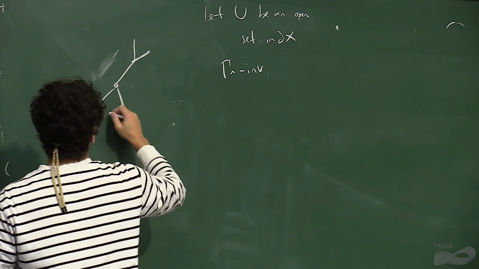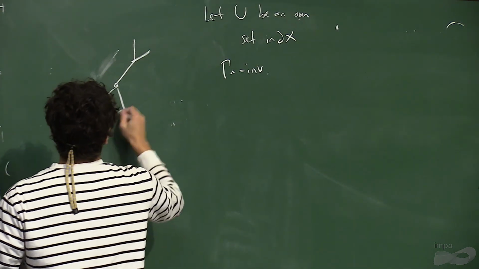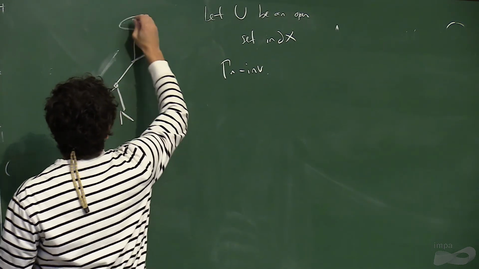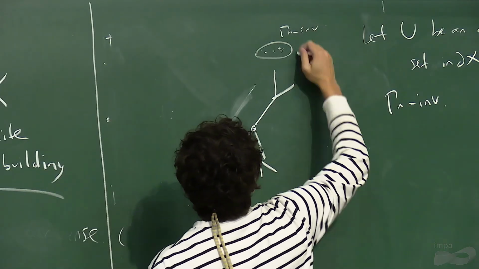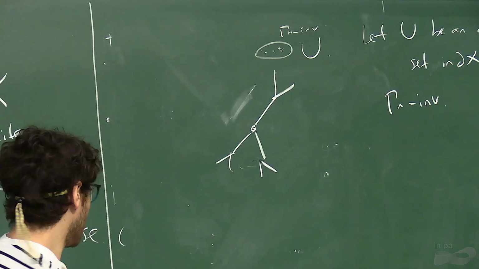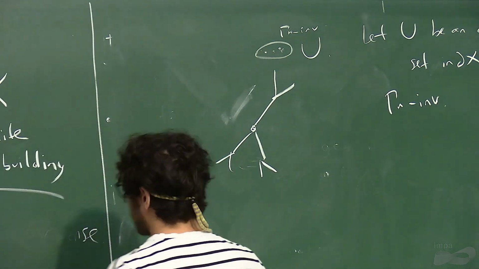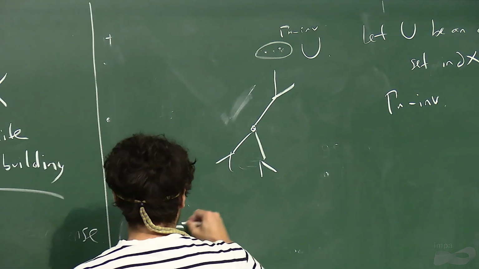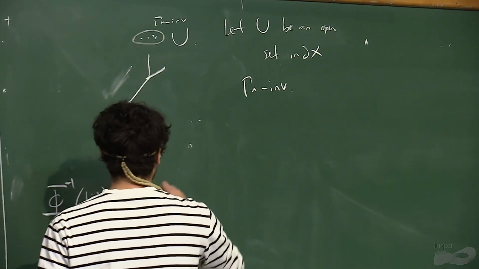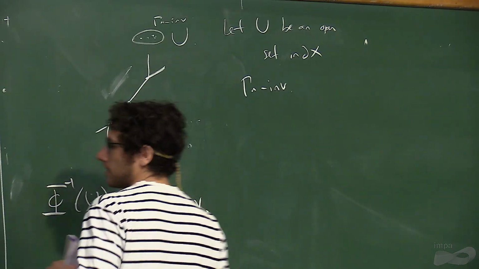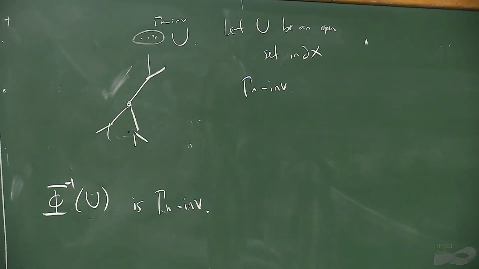I take here in the boundary this gamma n invariant set U, and I look at the preimage of this under my map. This one is gamma n invariant, and it's a set of the boundary that is gamma n invariant, so it either has full measure or zero measure.